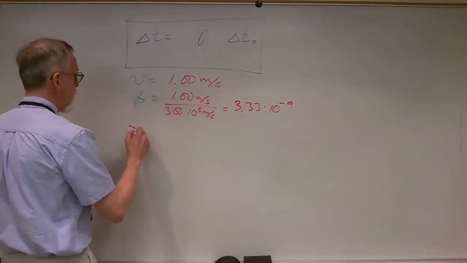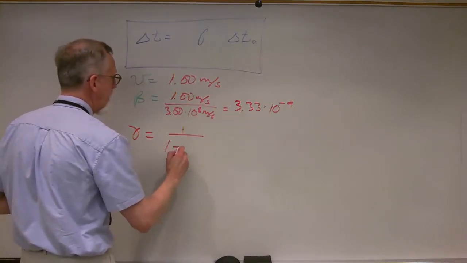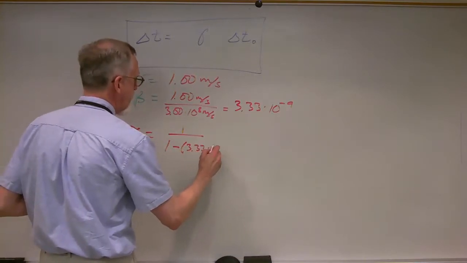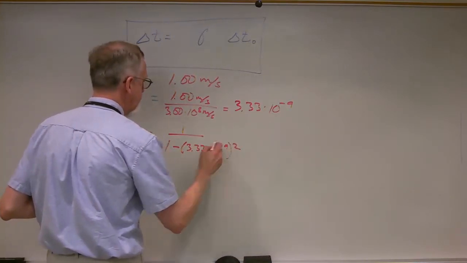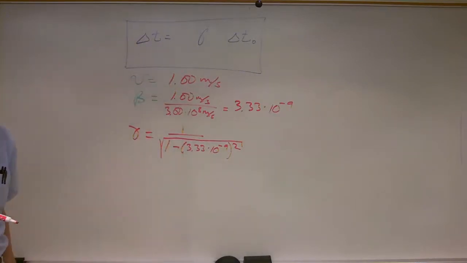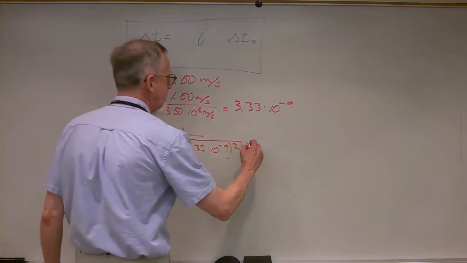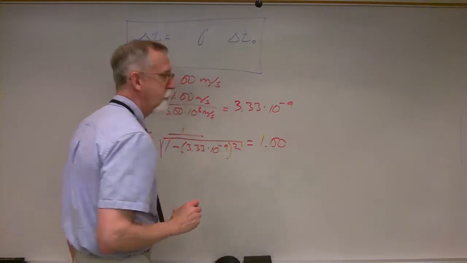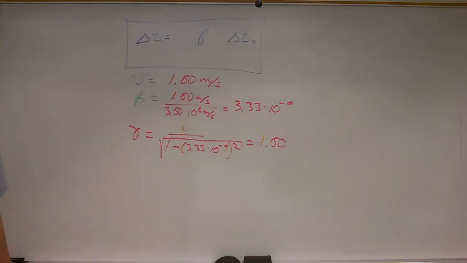Well, what's gamma? Gamma is 1 over the square root of 1 minus 3.33 times 10 to the minus 9, squared. Well, stick that in your calculator and see what you get. You will get 1.00, to 3 sig figs anyways.